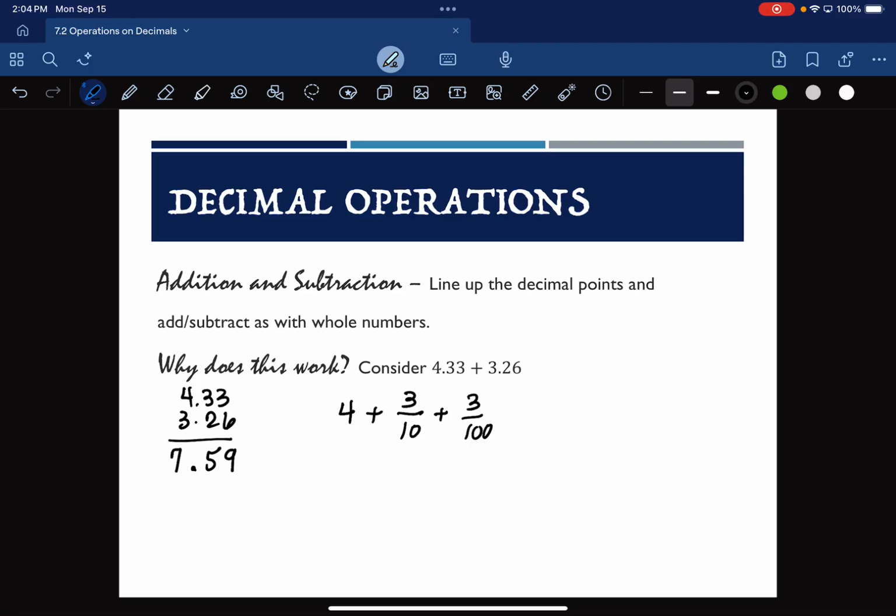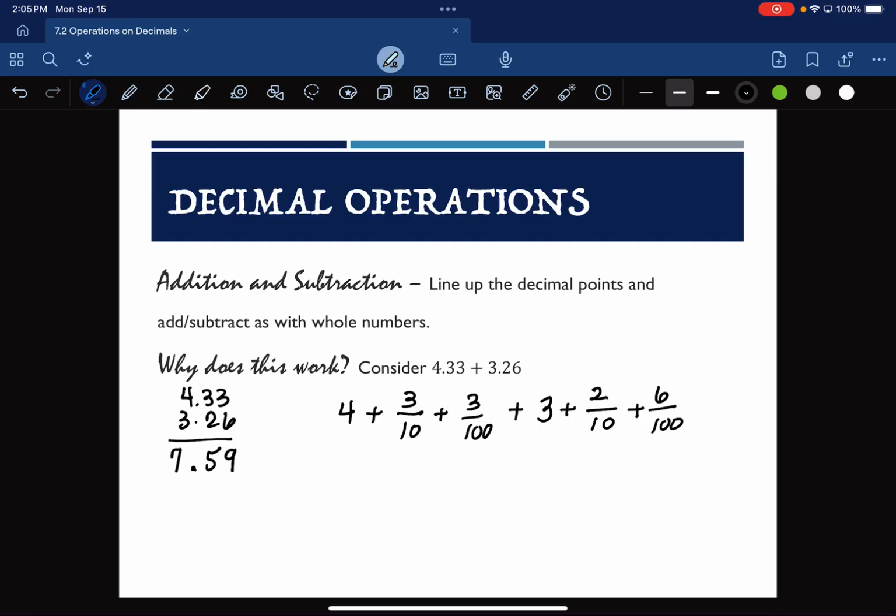We talked about that notation last time. And when we have 3 and 26 hundredths, we have 3 wholes, 2 in the tenths place, so it's 2 tenths, and 6 in the hundredths place, so we have 6 over 100. Okay, all good so far?